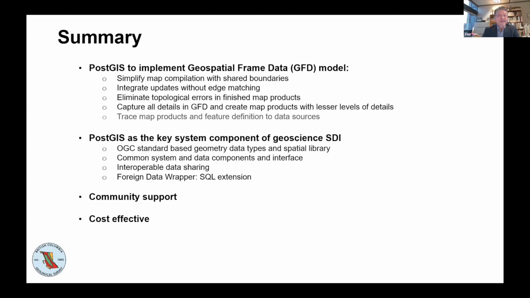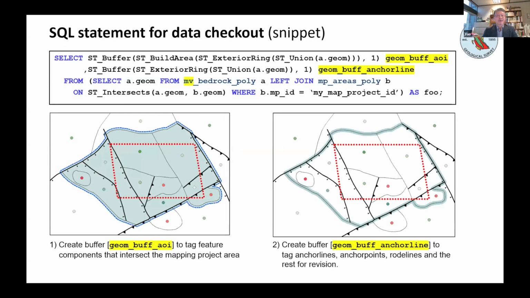Briefly, I mentioned that this is the key system component in our SDI we are building right now. Obviously, there are many other benefits, and I don't have to mention the cost effectiveness. I know some people might be looking for more detailed scripts.